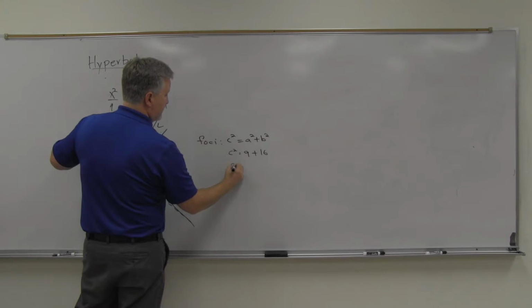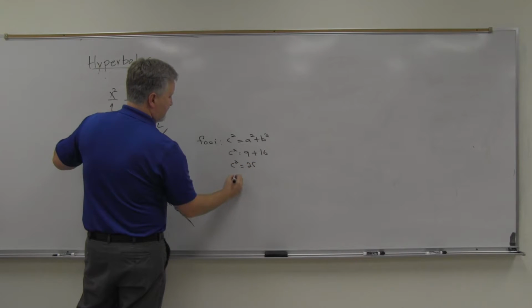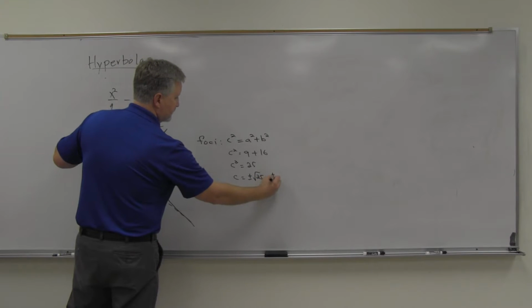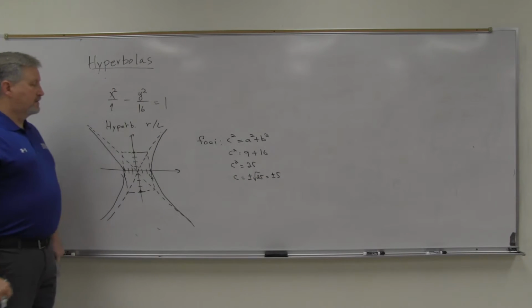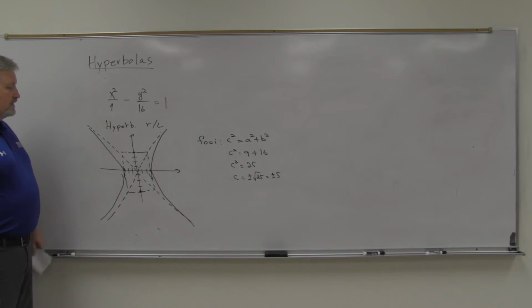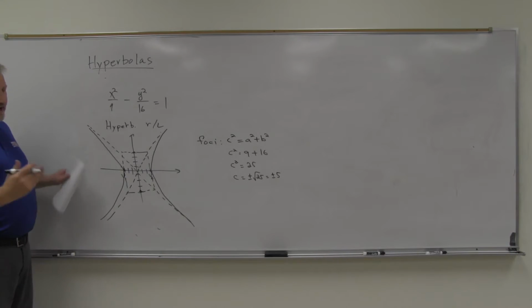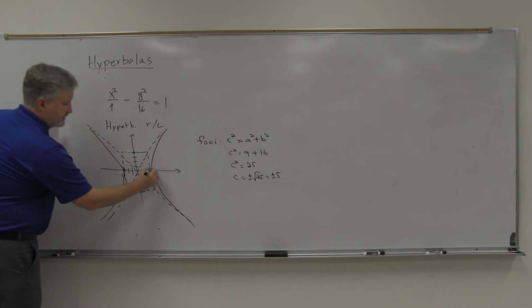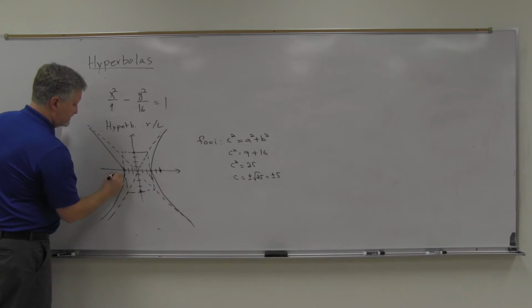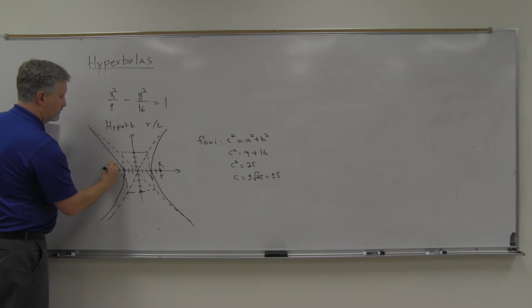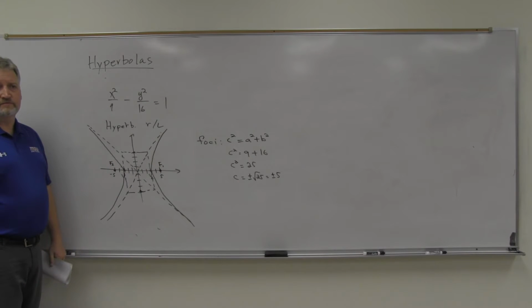Oh, that's going to work out. That's c squared equals 25, so c would be plus or minus the square root of 25, which is 5. Again, the foci are outside of the vertices, one way to look at it. So here's the focus points here, -5 and +5. Plus or minus 5, 0.